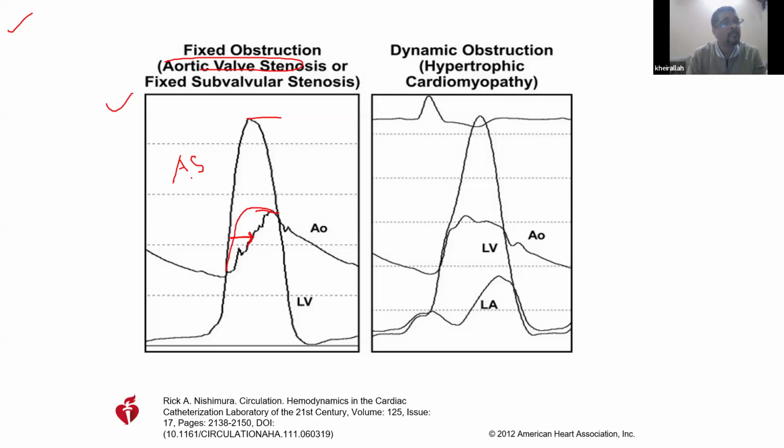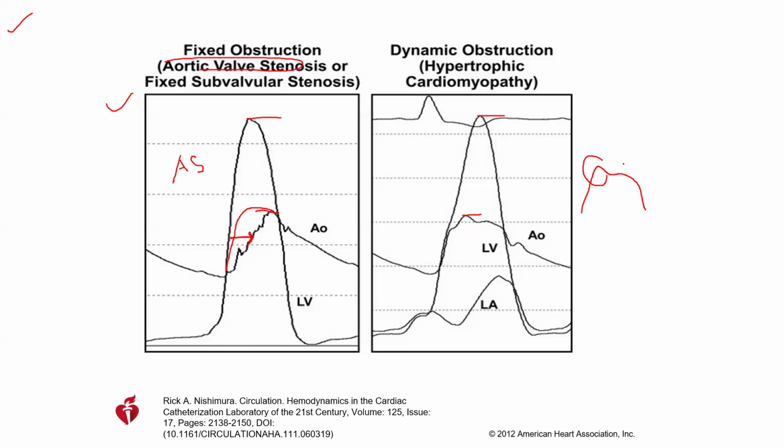How does HOCM look like? Again, we have a gradient between the aorta and the LV, but we don't have the tardus. And we have a morphology which is different. Look at it. If I take it out, it looks like this. They call it spike and dome. Not doom, spike and dome.